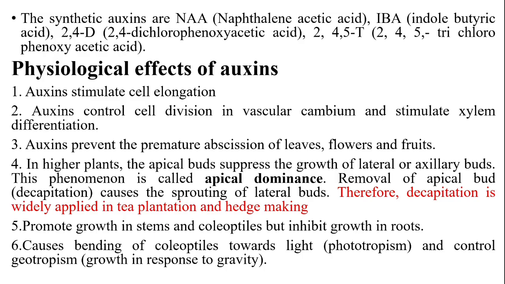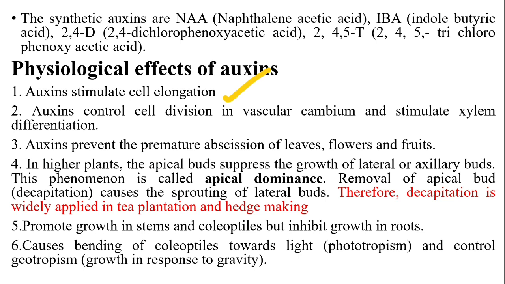The synthetic or man-made auxins are naphthalene acetic acid, indole butyric acid, 2,4-dichlorophenoxyacetic acid, 2,4-D, and 2,4,5-trichlorophenoxyacetic acid, 2,4,5-T. What are the physiological effects of auxin?